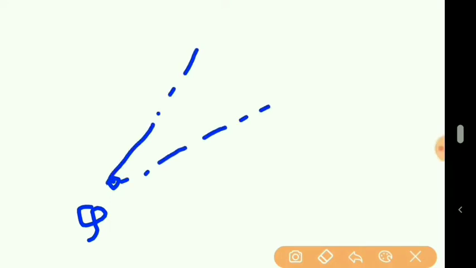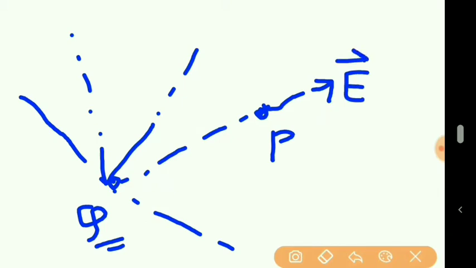Now once again consider this charge Q. So we know that there is an electric field around this charge in all the directions. Now in this electric field of charge capital Q, if I'll select any point P here, then we can say that there is an electric field due to this charge in this direction along the radial path.